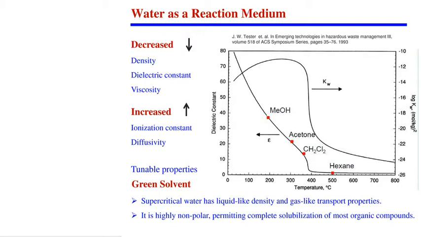Dielectric constant is a measure of solvent property. Ethanol is a good solvent, acetone is a good solvent. So at 200, you can see that water under pressure can be as good as methanol. Around 300 it can be as good as acetone, dichloromethane, and like hexane.